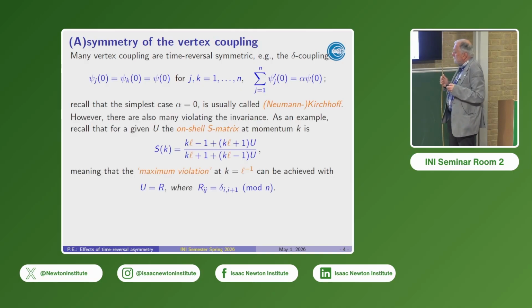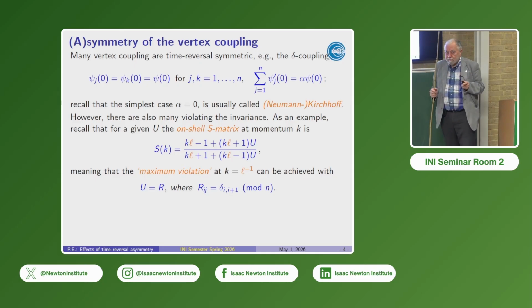I will explain in a minute why I am interested in a violation of time reversal. In order to have an example, let's look at how the on-shell S matrix corresponding to the U from the coupling condition looks. It's this simple rational function. The example I will be most concerned with is a very simple matrix, which in elements looks like this. Why do I choose that?